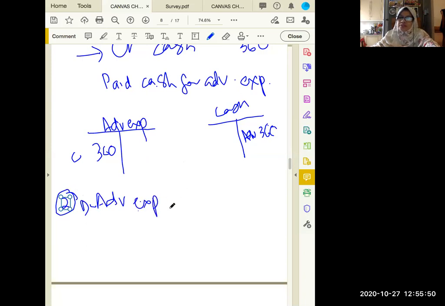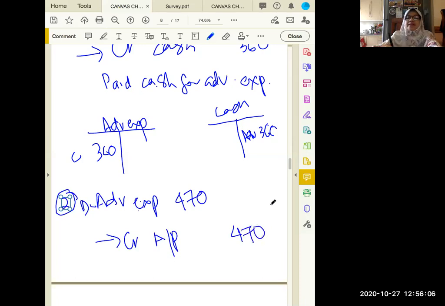How much do you pay for it? In this case, you purchase for 470, but you don't pay now. You pay in the form of accounts payable, meaning that you pay later. So you already have your advertisement account, you just add on another 470 in the same account.